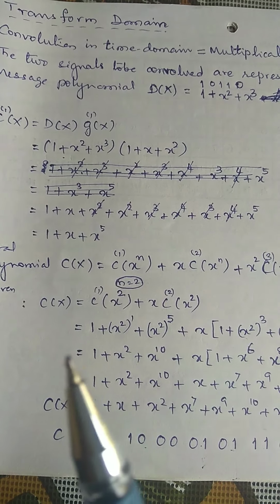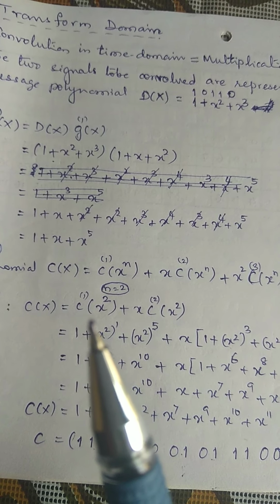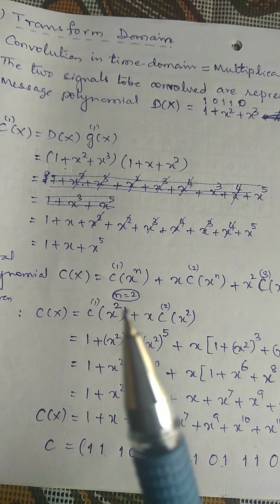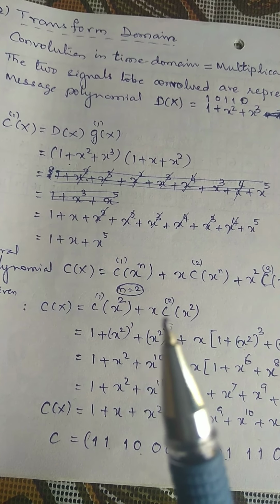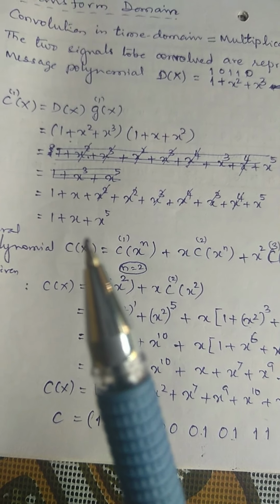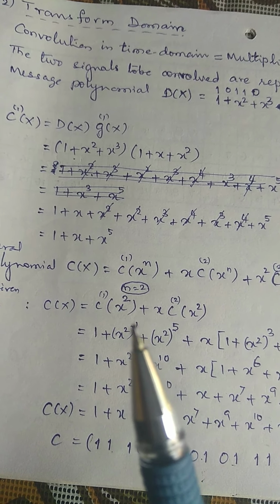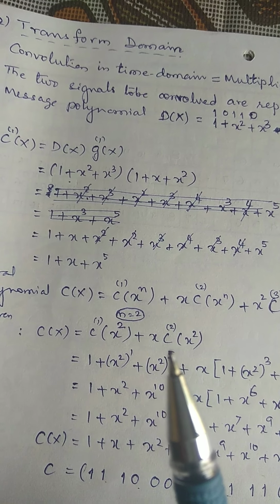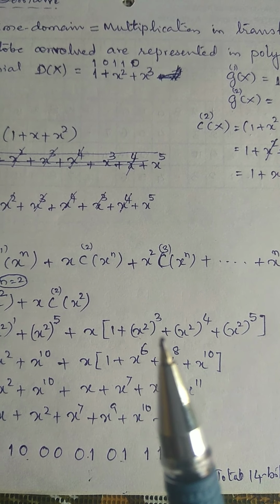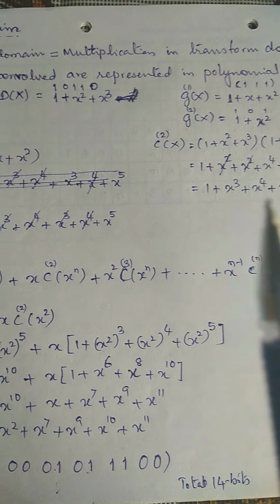For the given example, we have multiplied already, and we substitute those in the given formula. Since n equals 2 here, it is x2 for c1 and c2. In c1 of x, 1 plus x5, every x has to be replaced by x power 2, so we get 1 plus x power 2 times 5. In c2 of x, every x has to be replaced by x2, and multiplied with x.